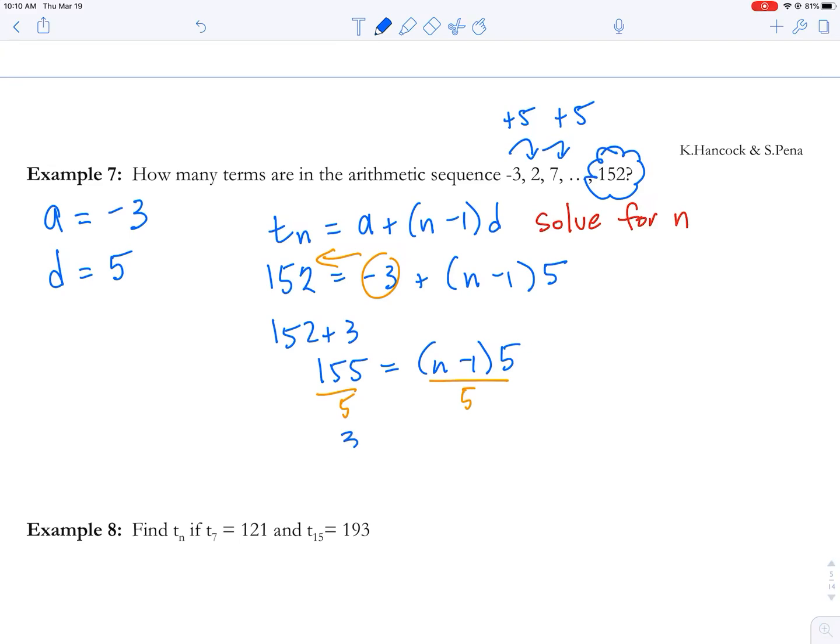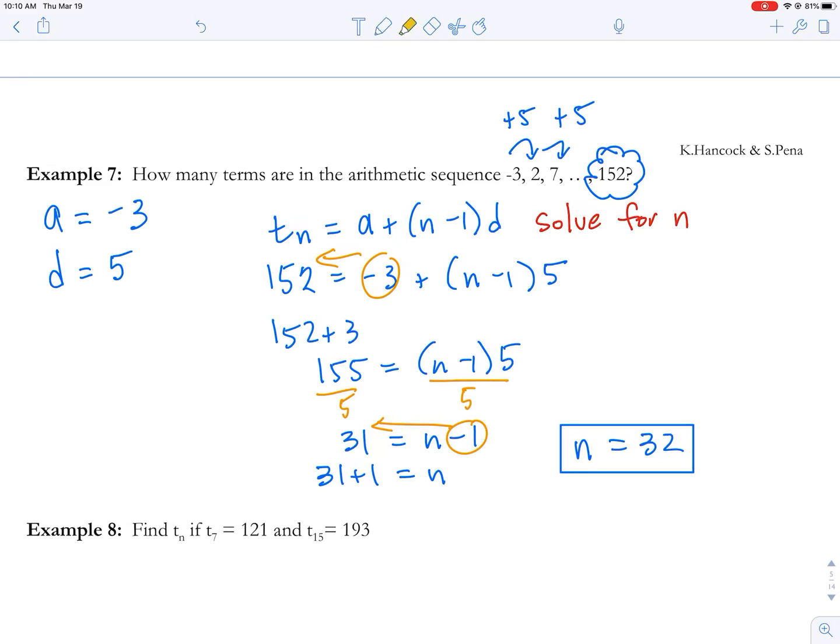So I get 31 equals n minus 1. Still got to get rid of that -1, so when it goes to the other side, I get 31 plus 1 equals n, so n equals 32. So in this question, it says how many terms? There are 32 terms. So maybe I should have done this at the beginning, but how many terms is asking you to solve for n.